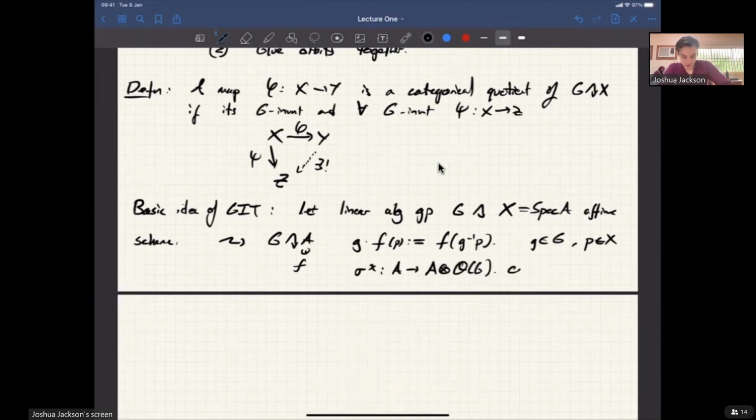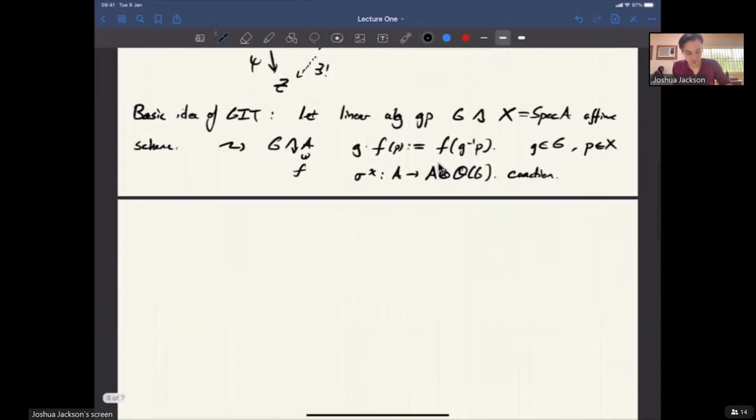This would be called the coaction. But don't worry about this too much if you haven't seen it. It's a way of seeing group actions on the ring side under the equivalence of categories between, say, affine schemes and K-algebras and so on. But this definition is going to be good enough for our purposes.